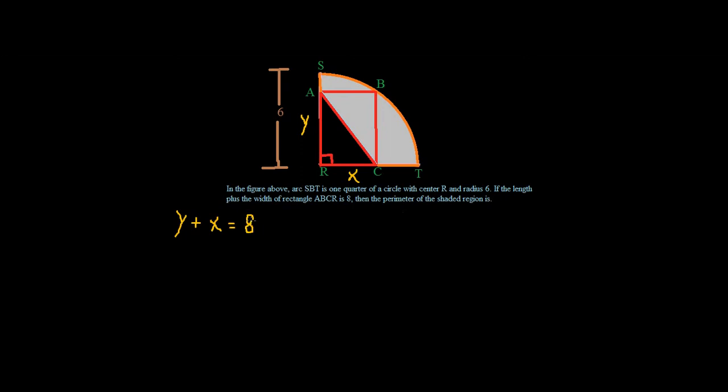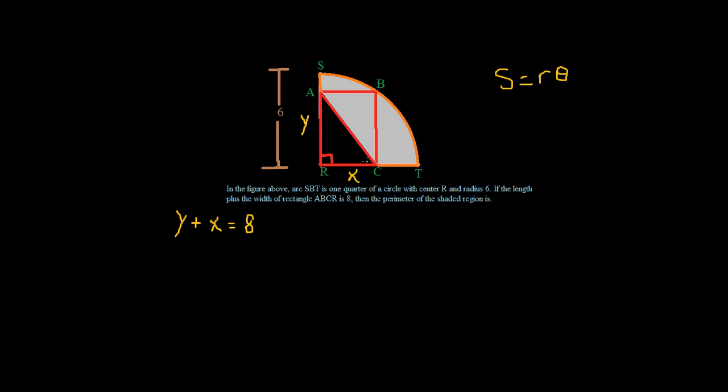And then once we know that, we also know that this is a quarter of a circle, and we know from the equation S equals R theta, where theta represents the angle in radians of the section of the circle you're looking at.